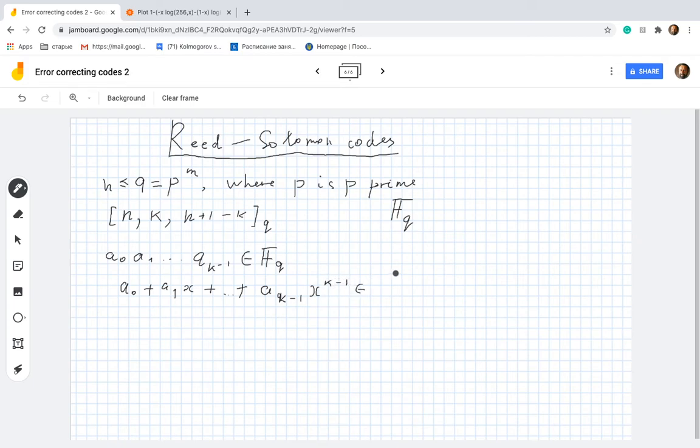So this is a univariate polynomial over that field. And the code will be based on the algebraic theorem stating that any non-zero degree k minus 1 polynomial can have at most k minus 1 roots. That's why we need polynomials. So these are messages.